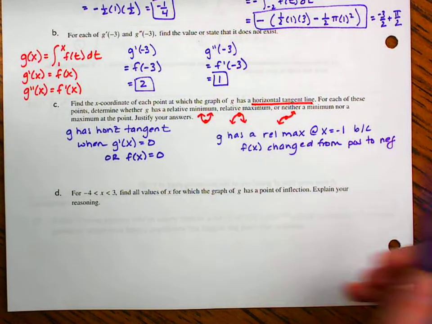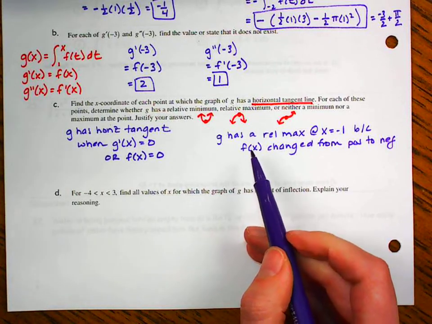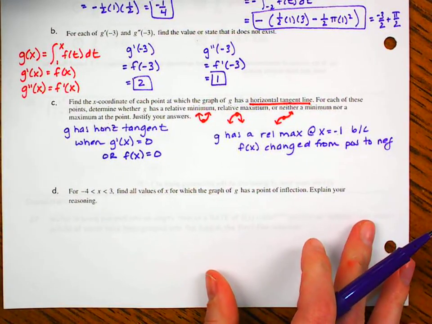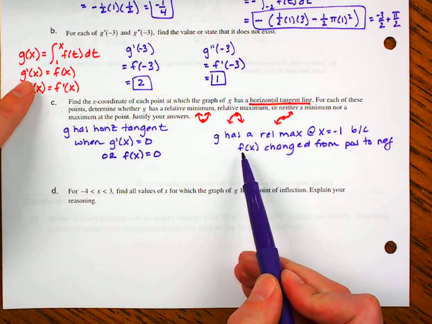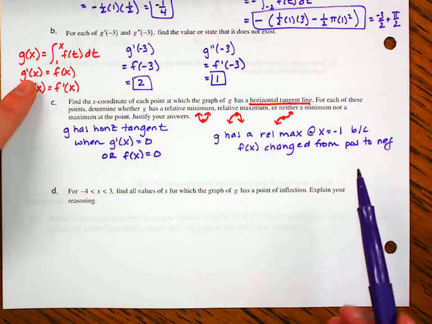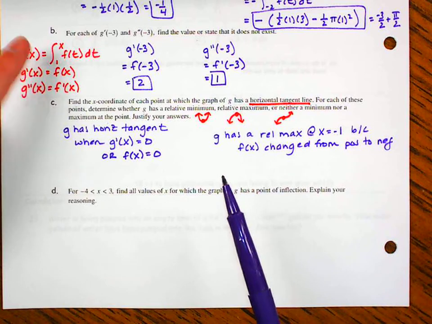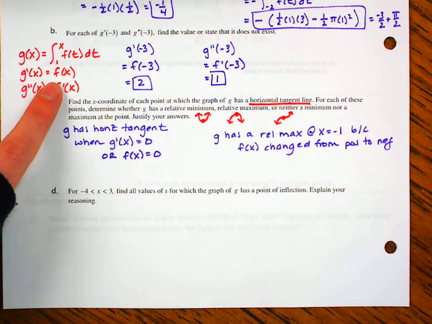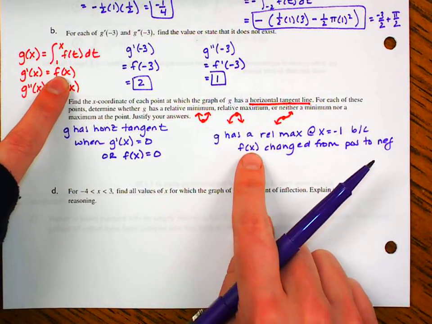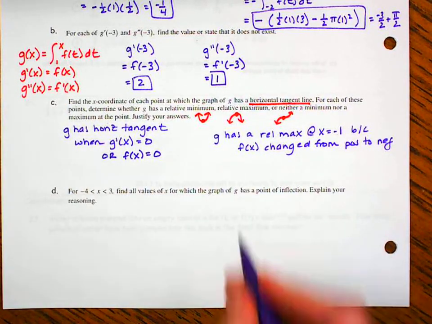Now, because my graph was f, I think the best thing to do is to use f as your justification, but because we've been really clear about the connection between f and g, if you also put because g prime changes from positive to negative, that would be fine. You could also say because g changes from increasing to decreasing, but I think the best thing to do is f because that's what my graph is. So here's my first one.